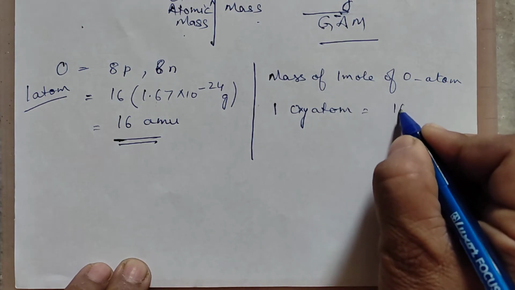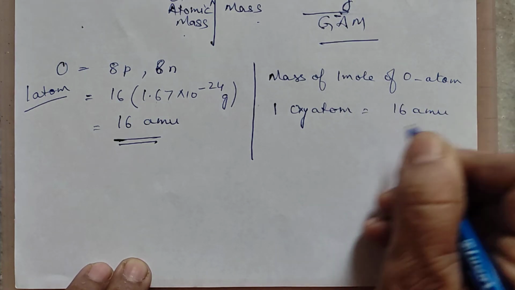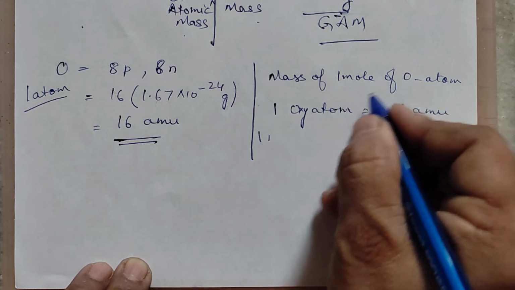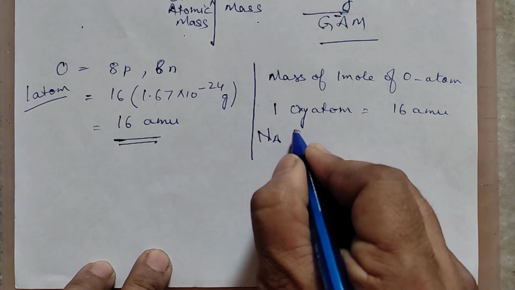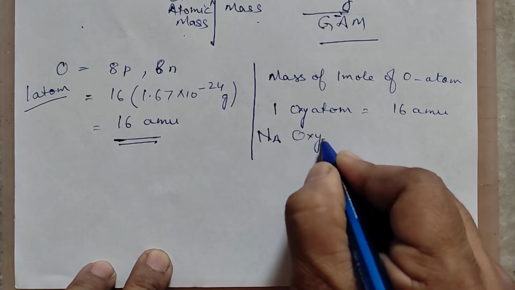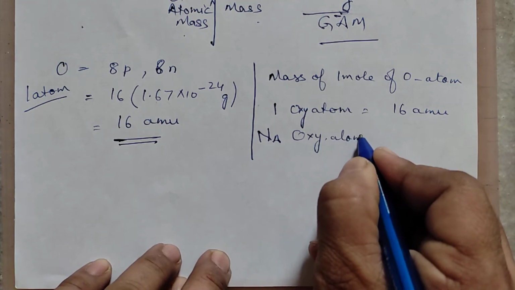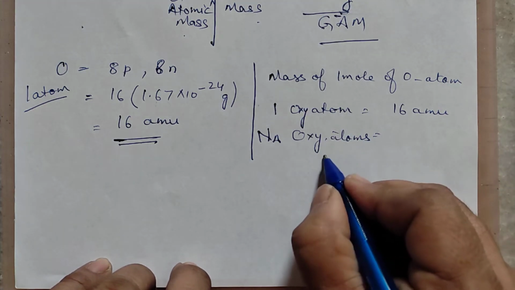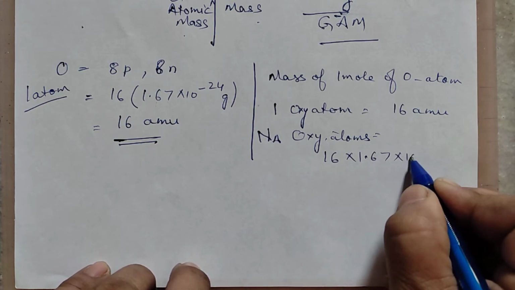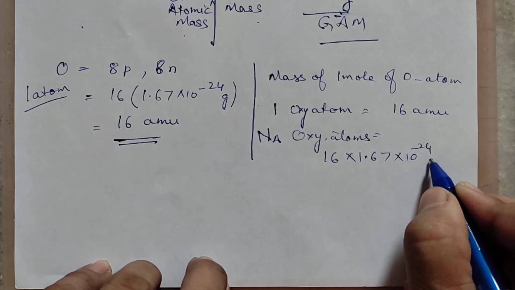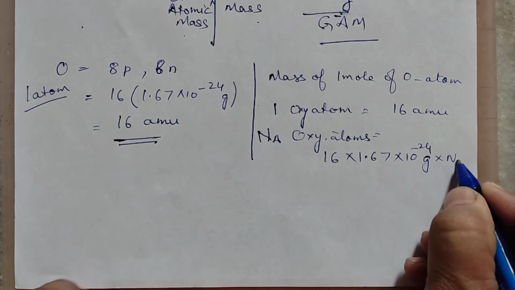One oxygen atom is 16 AMU. That means 1 mole, mole means Na, so we can say Na oxygen atoms. What will be the mass? It will be equal to 16 into 1.67 into 10 to the power minus 24 grams multiplied by Na.